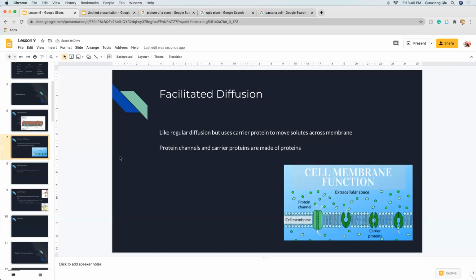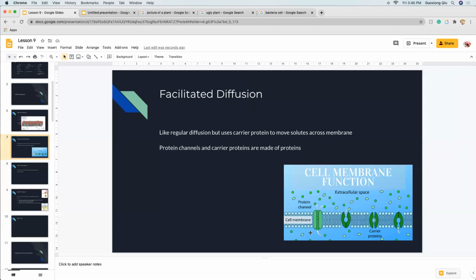Oh, now we talk about diffusion. So if you guys remember what passive diffusion is, when a solute follows a concentration gradient going from high, so a solute is a solid in a substance. I hope you guys remember what a solute is.